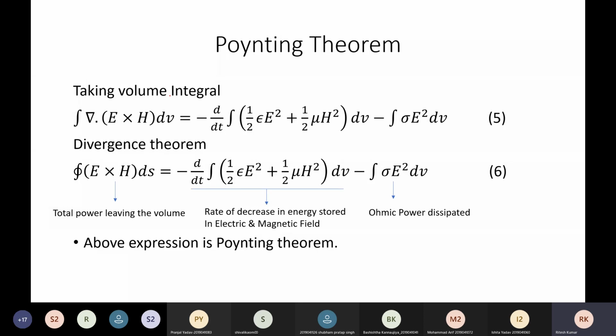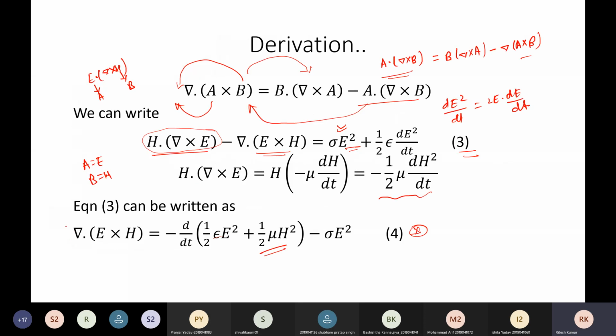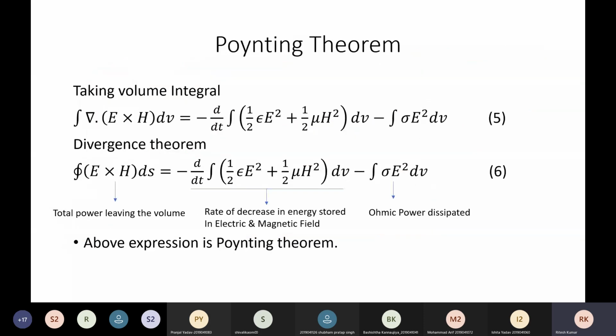If we take the volume integral of both sides, applying a volume integral dV here also, this can be written as this equation. Now apply the divergence theorem at this point. This volume integral can be converted into a closed surface integral with the help of the divergence theorem, and the divergence will be ignored.